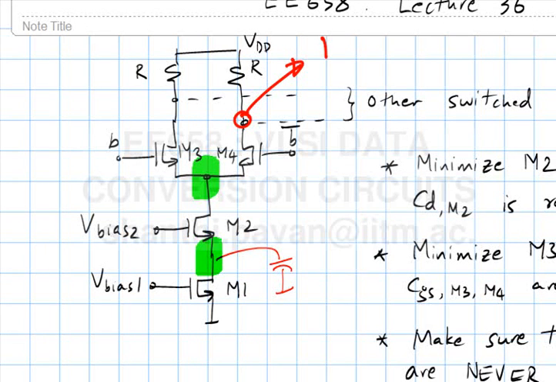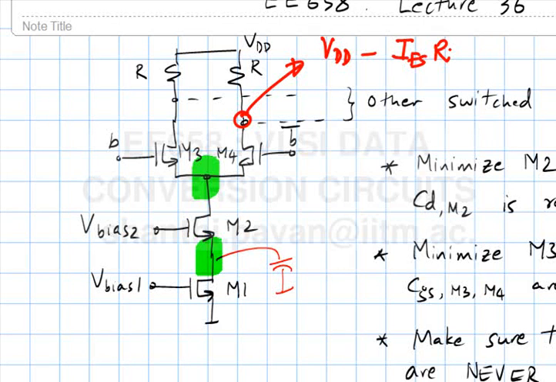VDD minus, please note that this current is not just one single cell, many cells are coming together. So VDD minus I full scale, single ended, times R is the lowest potential that it can go to. Under those circumstances, you must make sure that all the transistors are in saturation.